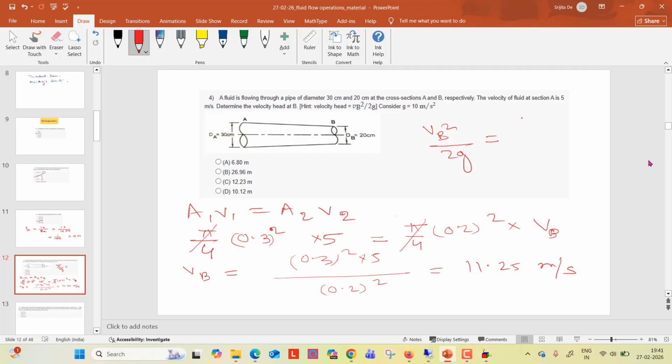So it is coming as 6.328, which is near to option A.